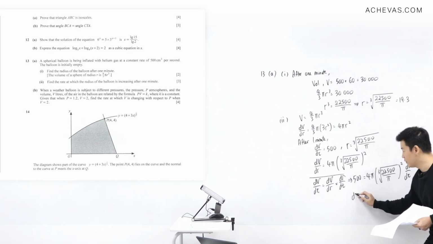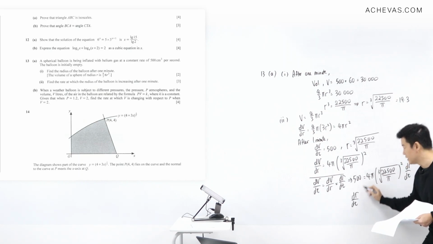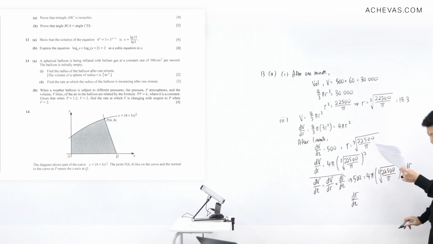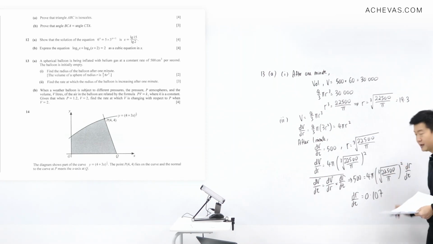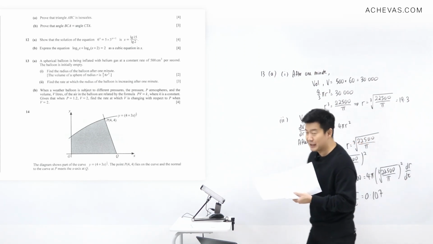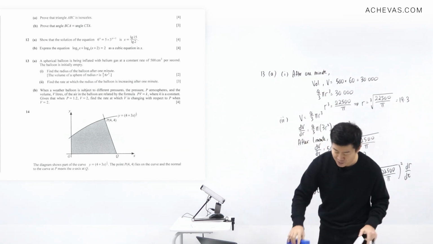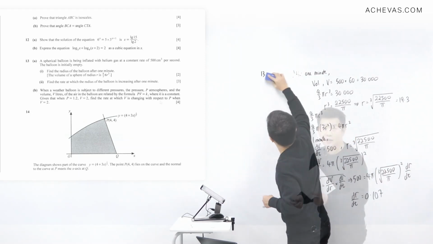And this is how we're going to find dr dt. It is going to be 500 divided by this, which will give us 0.107. There is still going to be a part B. Let me erase this so that I can do part B.